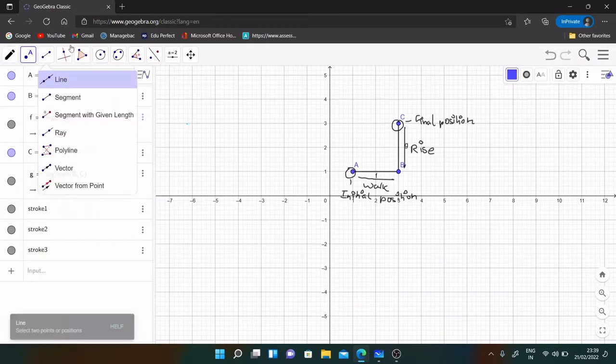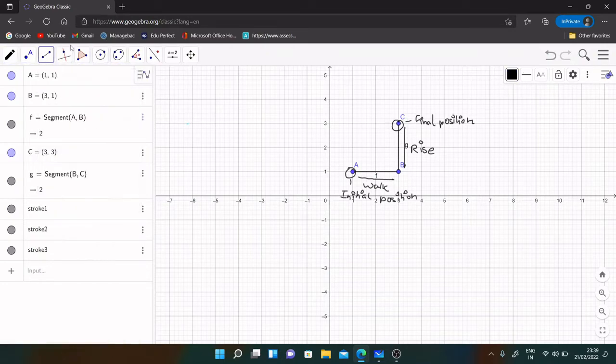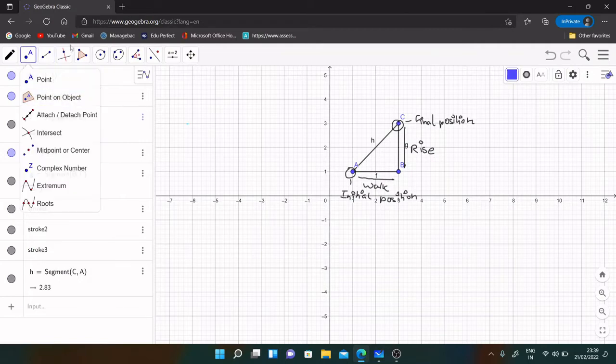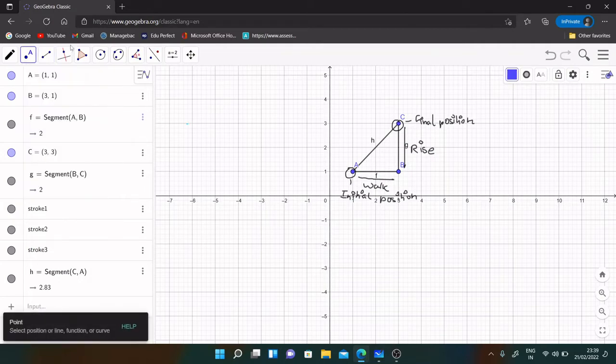So let us just say this is a direct path between your final position and your initial position. You're directly going into the walking and then flying.